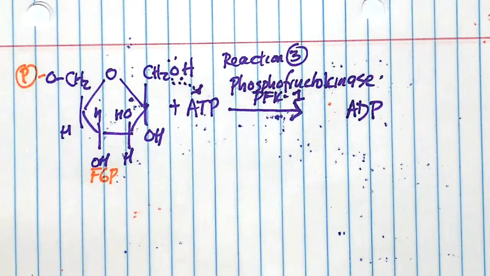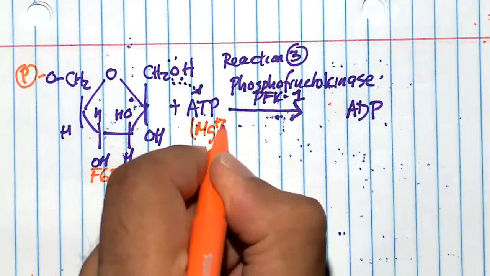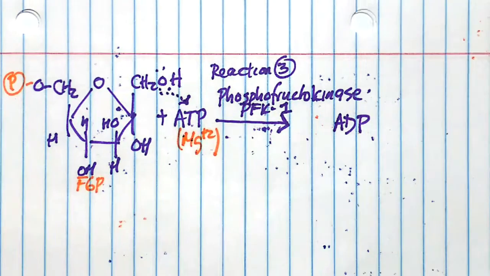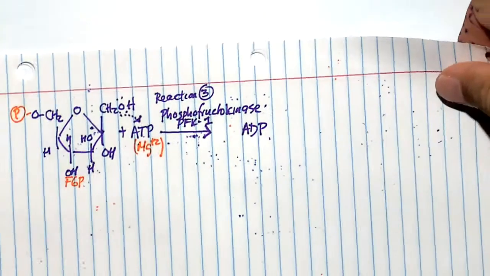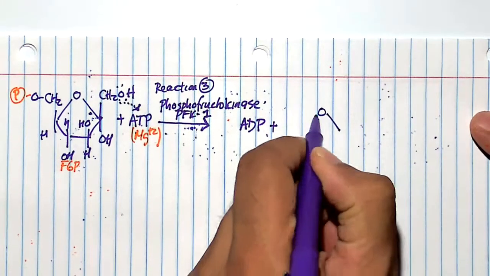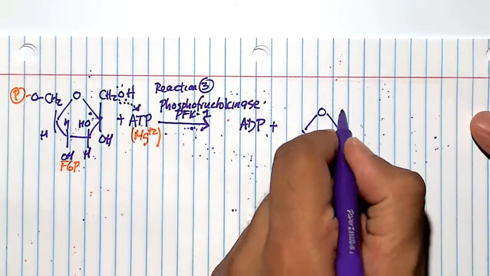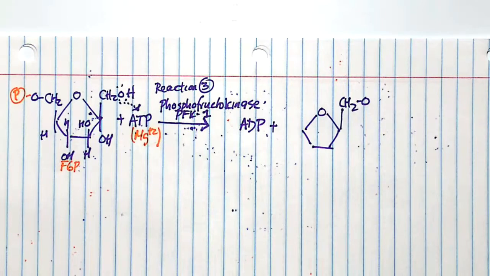Don't forget, magnesium is very important in chelating those negative charges of the phosphate. And then as a result of this, you will get ADP plus fructose 1,6-bisphosphate. So CH2O, put in another phosphate here.